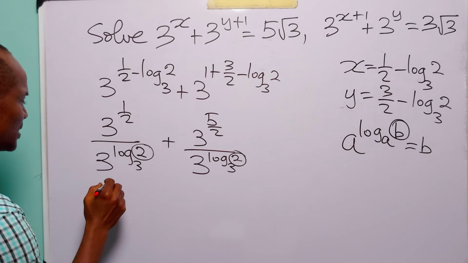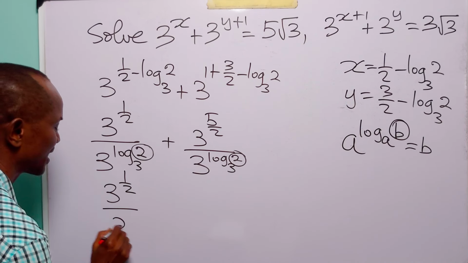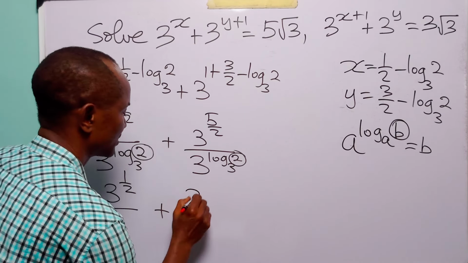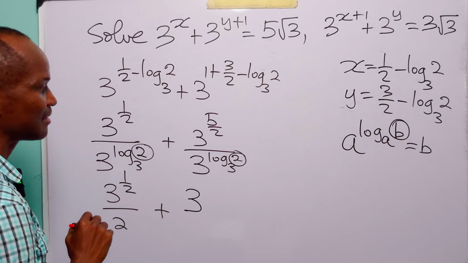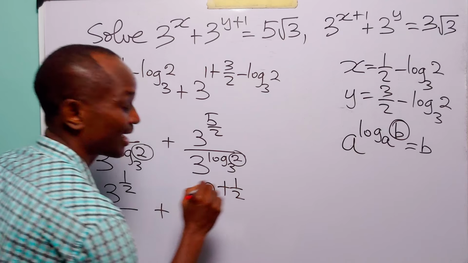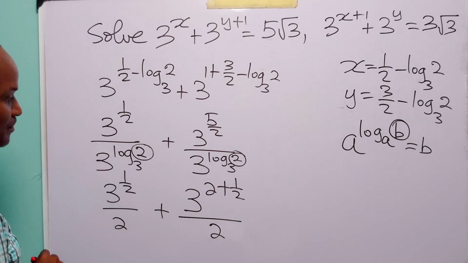So in this equation, we have 3 to the power half divided by 2 plus, in this case, 3 to the power 5 over 2, which is the same as 2 whole number plus half, and of course divided by 2.